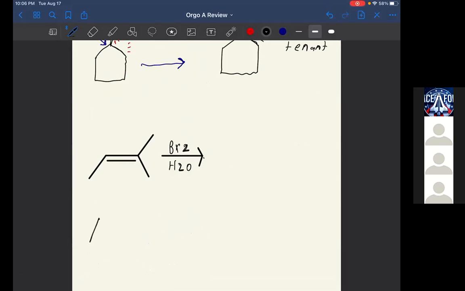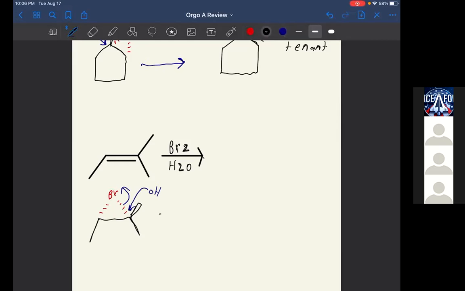So the mechanism overall would be, and then they would add an H2O, and then the hydrogen would go off, but I'm just going to show it as an OH attacking.